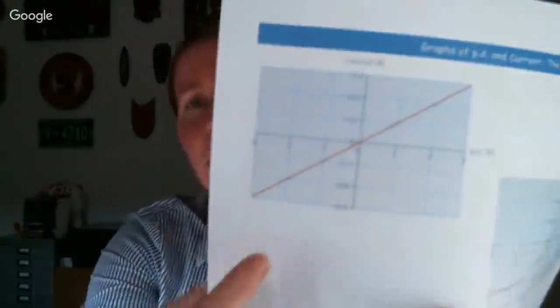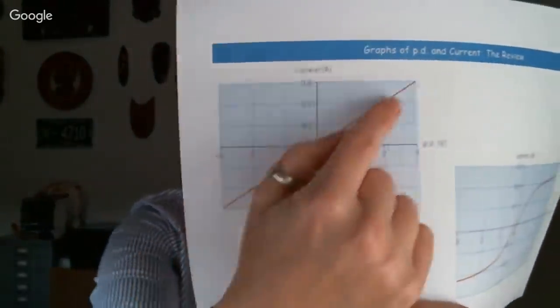The first one we've got are the linear circuit elements. Linear circuit elements are the components that have a resistance that doesn't change. This would be things like your fixed resistor, for example, giving a really obvious diagonal line. If we've got a non-linear circuit element, then this has a resistance that will change, something like a lamp, for example.